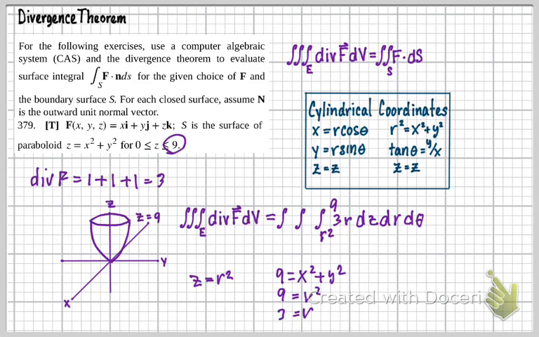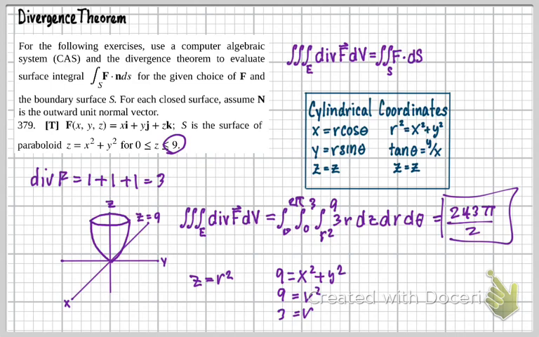So that goes from 0 to 3. And then my theta goes from 0 to 2 pi, because it's just going to go all the way around. So there's our setup for our integral. And then once we punch that in, we get for an answer 243 pi over 2. So there's our answer for this divergence theorem problem.